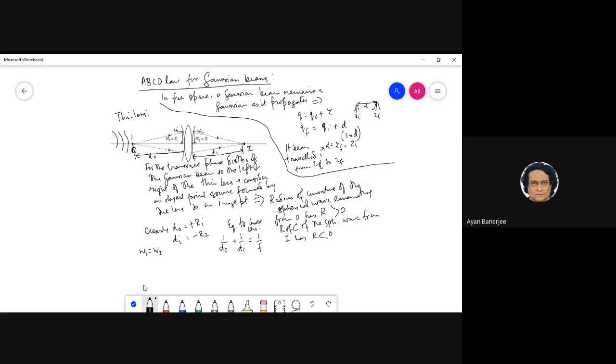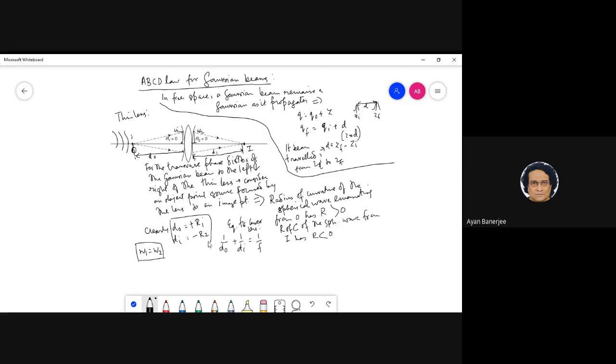W1 is equal to W2, because immediately after this thing the lens does not do anything. We are going to derive this focal spot relationship later on, next day. What happens when you keep the lens on a waist, and you converge to the new waist, how they translate, we will derive later.